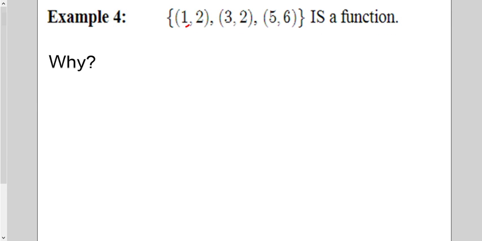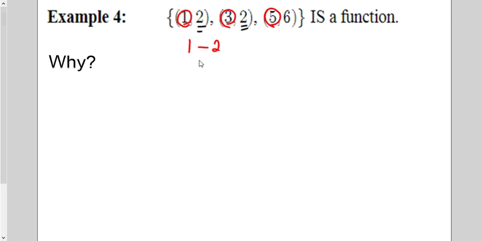Let's look at our x values. That's what you always do when you start looking at these relations to see if it's a function. Let's see, I've got 1, 3, and 5. Did any of the x values repeat? No. So that means that when I look at 1 in this relation, it's got a unique y value of 2. And I know that the 2 is repeated. I don't care about that.